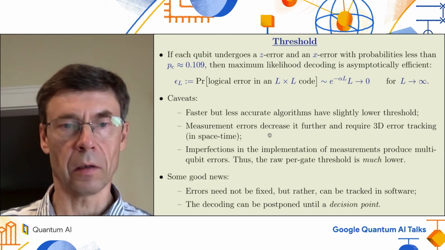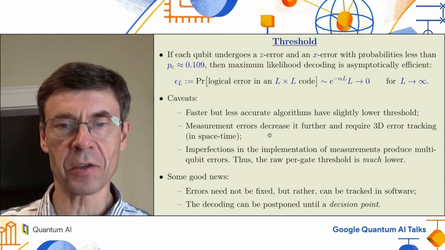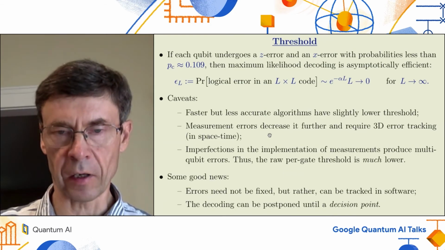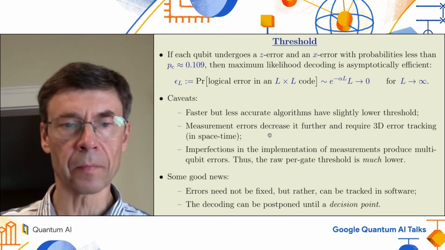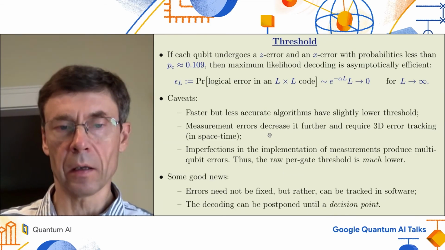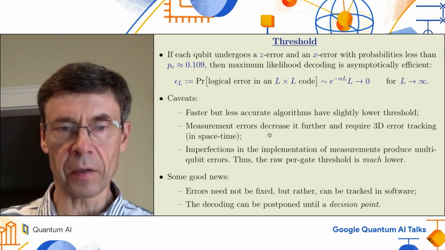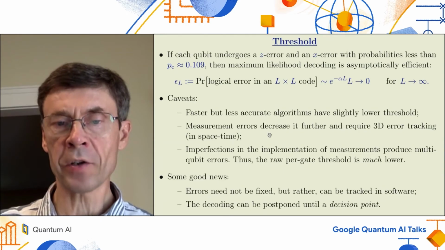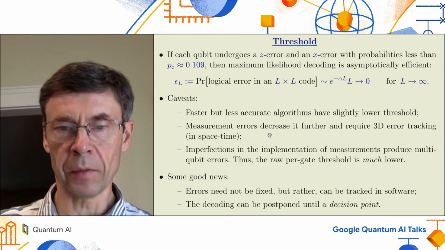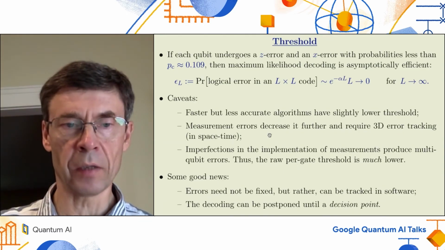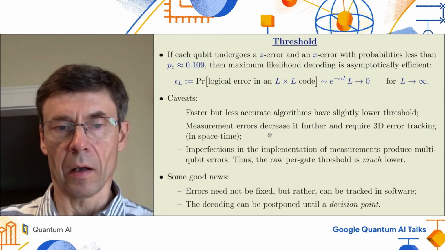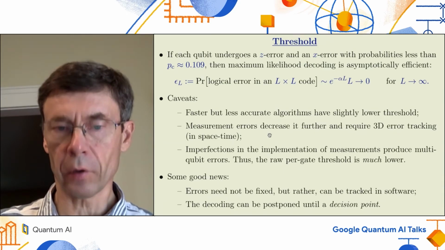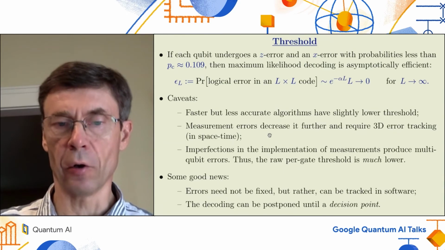Google does that. The paper shows a picture describing 3D error tracking. And finally, each measurement is realized as a sequence of unitary gates. Any imperfections in the implementation of measurements produce multi-qubit errors. Thus, the raw per gate threshold is much lower.